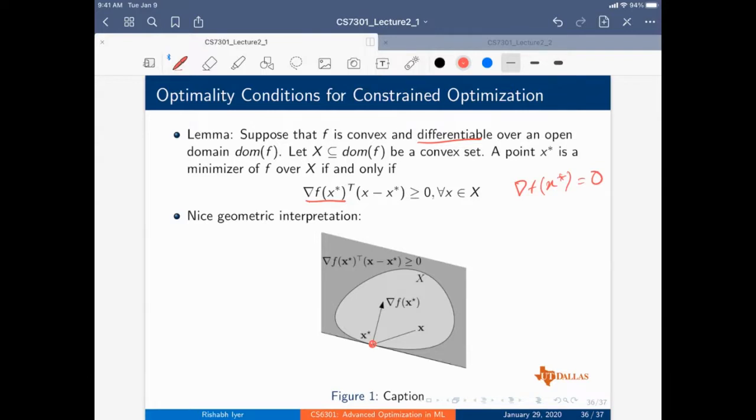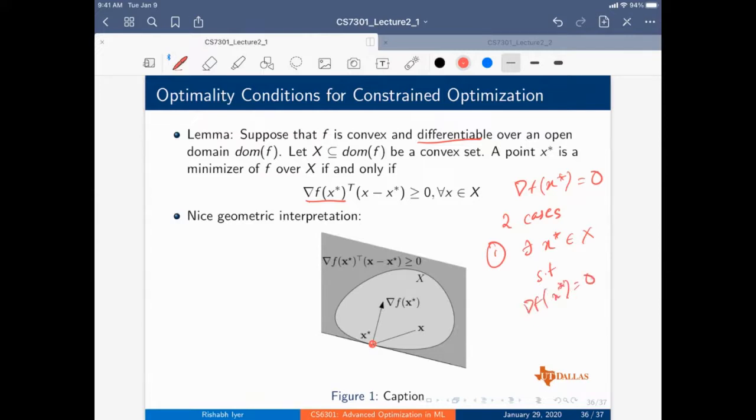Actually, maybe I'll mention this one thing since you brought this up. Note that this subsumes, so actually there are two cases over here. The first case is if there exists an x star in the set X such that the gradient of f of x star is equal to 0.